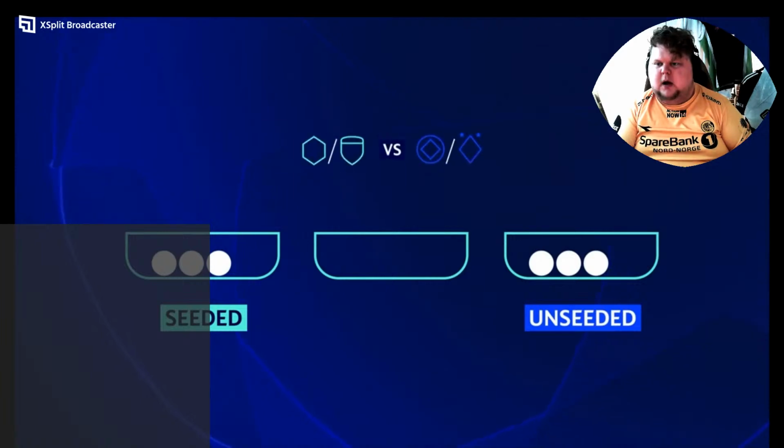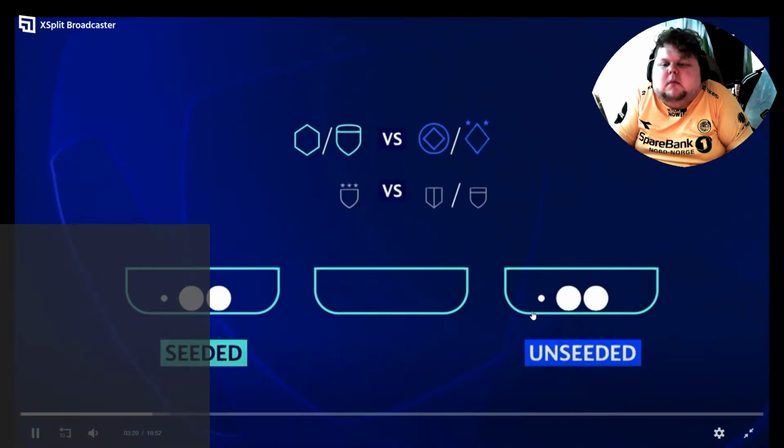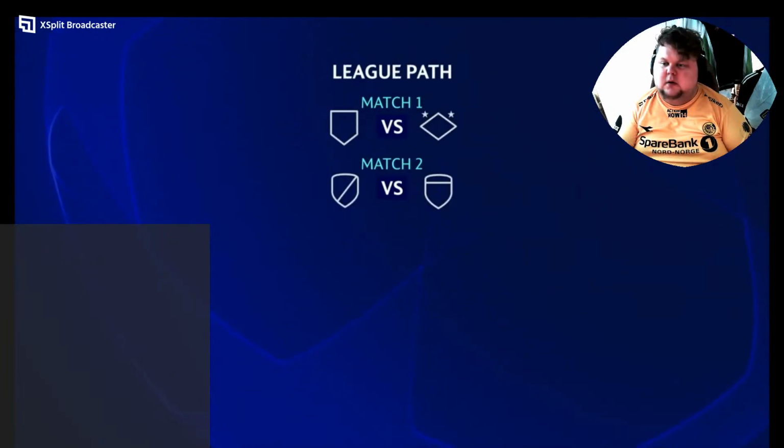The ball drawn first from this bowl indicates the team that will play the first leg of the tie at home. The same procedure is then repeated until all the pairings have been drawn for the Champions Path, and then repeated to determine the pairings for the League Path.